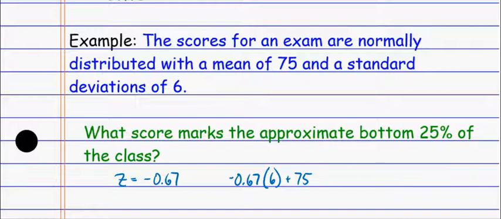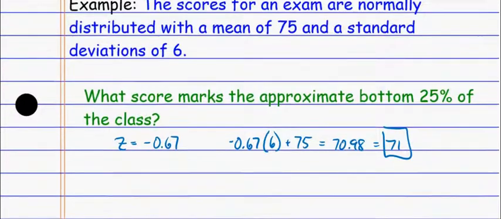I'm just going to plug it in, and I get a 70.98. I'll just round it to about 71%. Okay. So 71%, or really just 71, it doesn't tell me necessarily that's a percent. It could be a point score. Okay. But 71 is the data value that marks the lowest 25%. So anybody who had a 71 or lower is in the bottom 25% of the class.